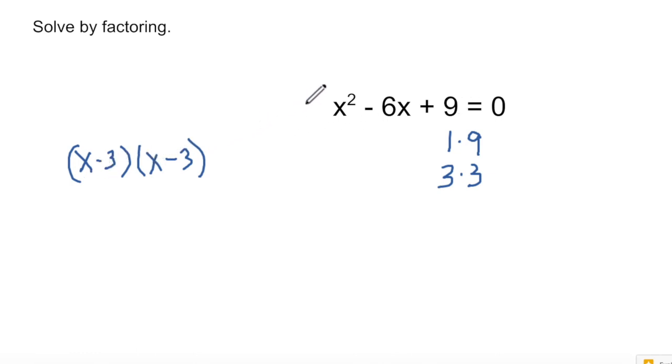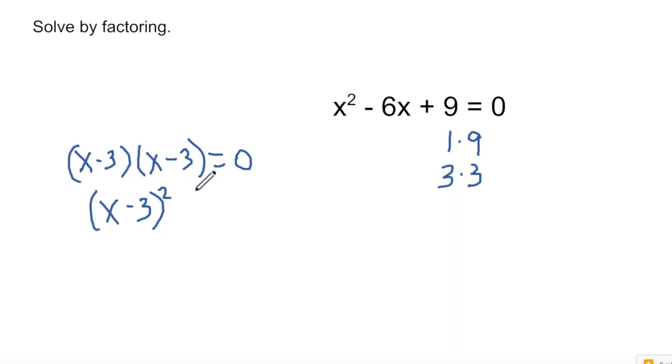The x's, you get an x squared, and you'd get a negative 3x and another negative 3x when you multiply out the outside and inside terms. So we would have a negative 6x when we add those together and combine the like terms. So that is what our equation looks like. You could also rewrite this as x minus 3 quantity squared.